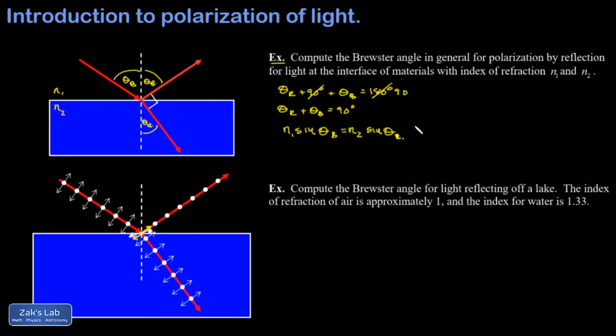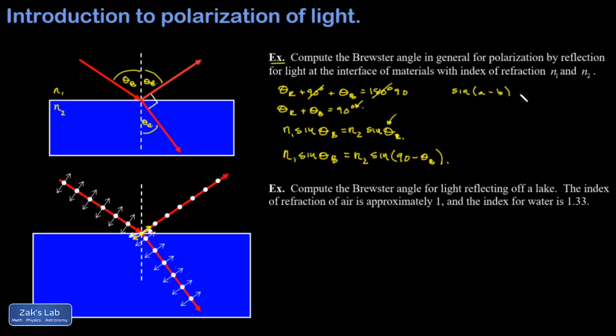And since the goal is to solve for an expression for the Brewster angle, I want to replace this refracted angle with an expression in terms of the Brewster angle, and I'm going to use 90 minus the Brewster angle for that. To simplify the sine of 90 minus an angle, I use a trig identity.